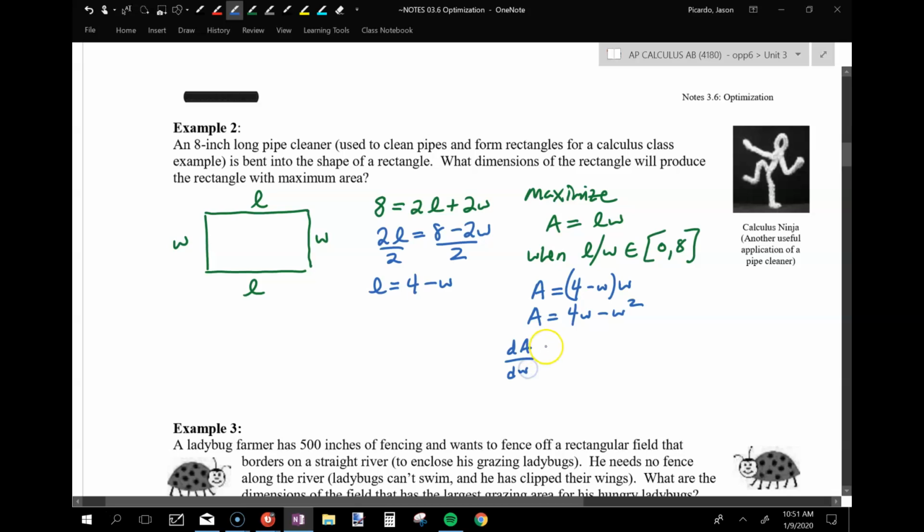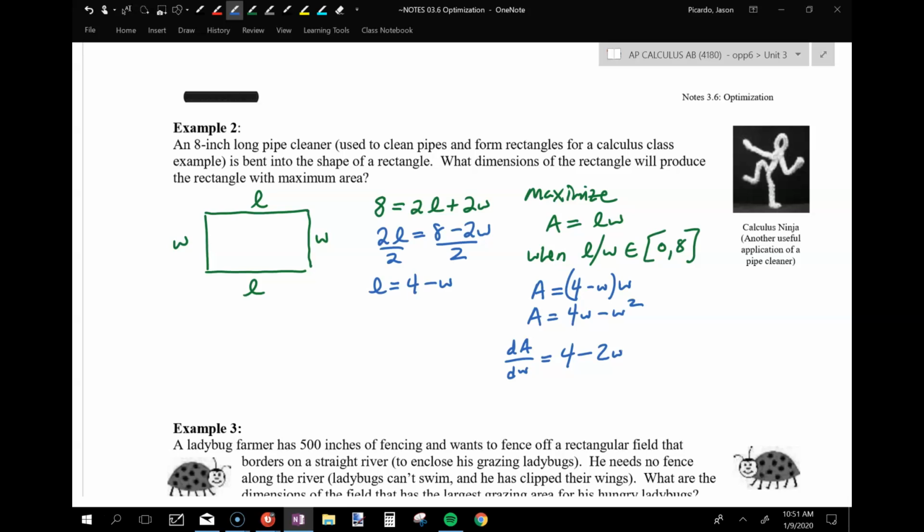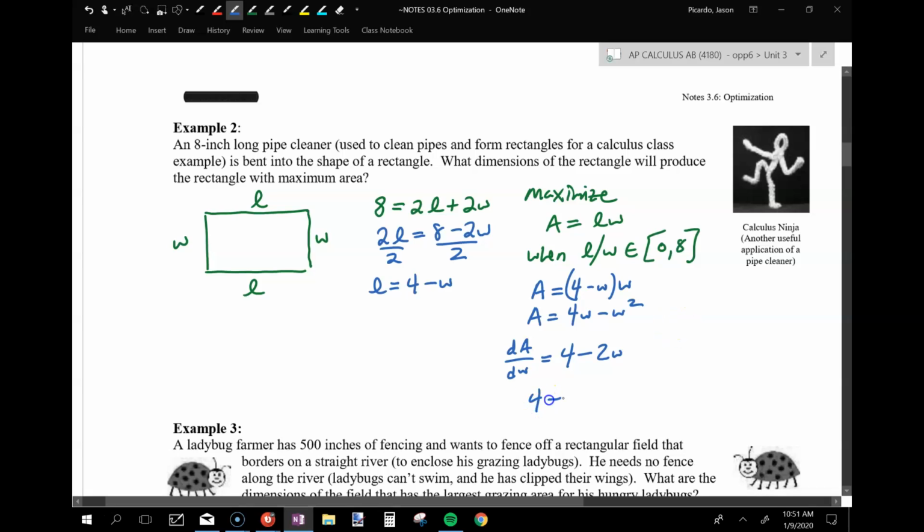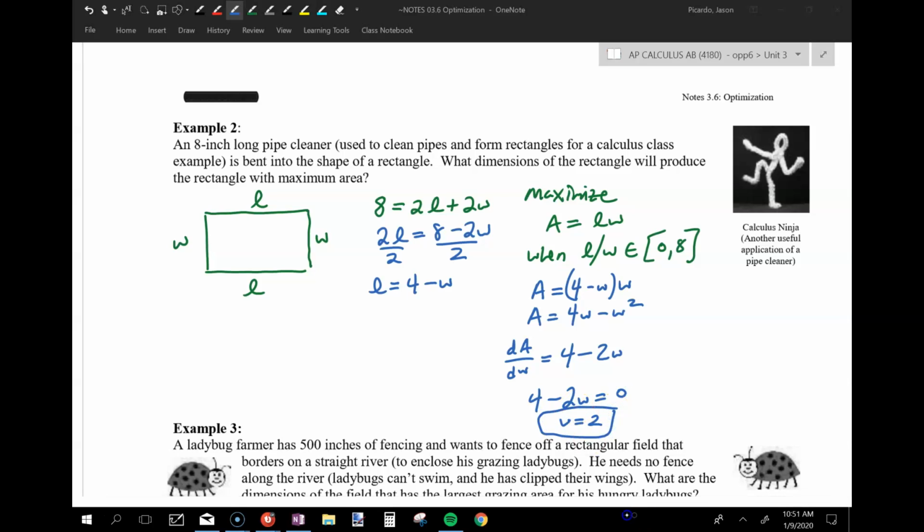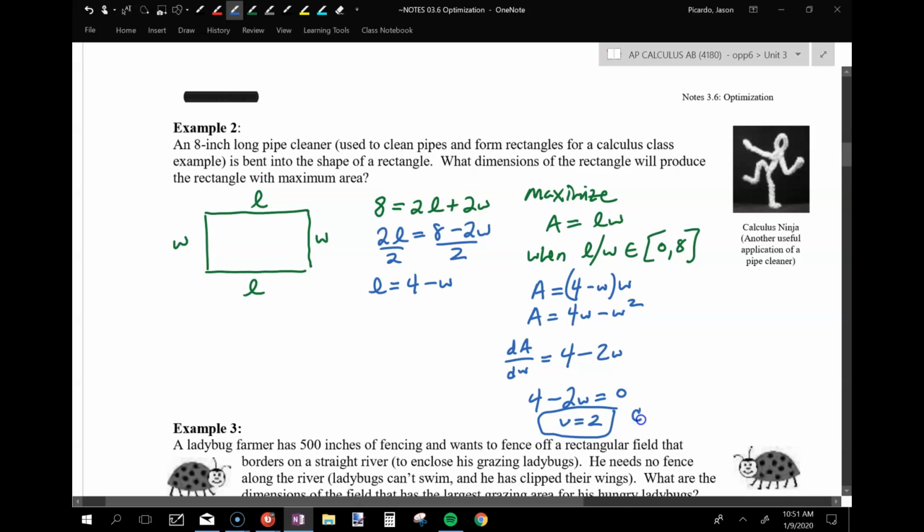I'm going to differentiate, and that's going to give me 4 minus 2W. There's my derivative. I want critical values, which means set the derivative equal to 0. And that means 2 is a critical value.